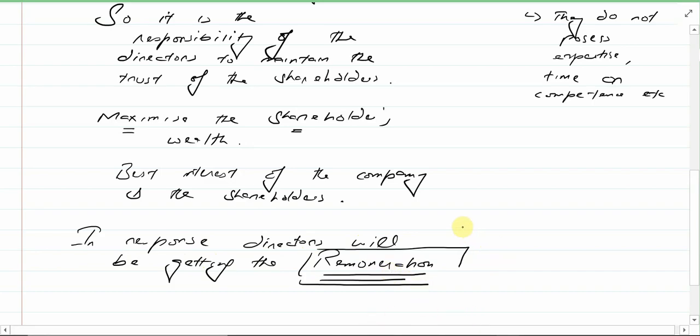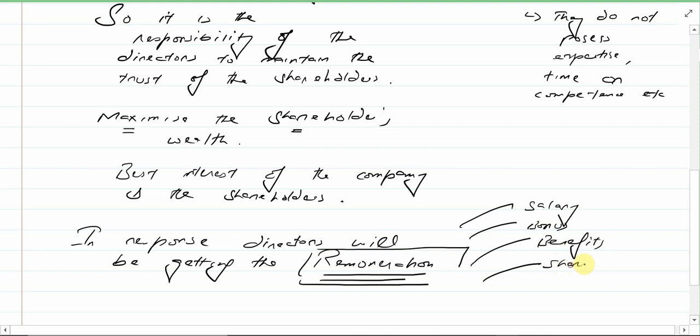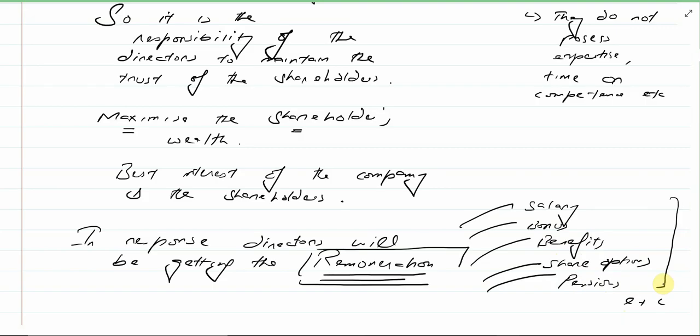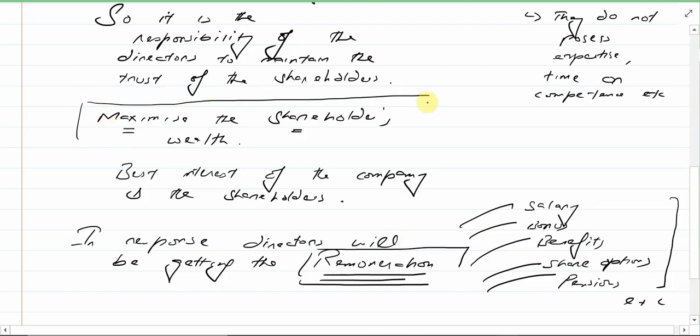Remuneration means that they will be getting the salary, bonuses, benefits, share options, pensions, etc. So actually, they are not working for free. Shareholders are giving them a huge amount of remuneration for running the company. So when they are getting the remuneration, it is their primary responsibility to take decisions which are in the best interest of the shareholders and try to maximize the shareholders' wealth.